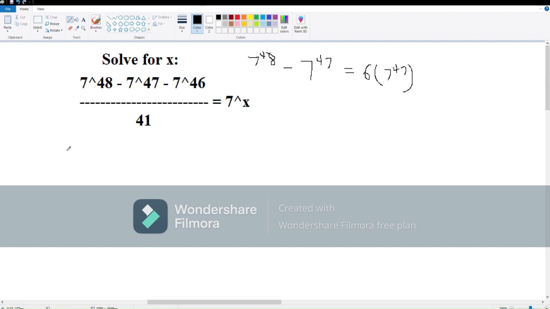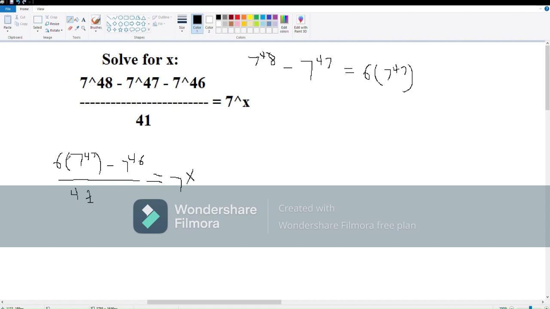So 6 times 7 to the 47th power minus 7 to the 46th power, divided by 41, is equal to 7 to the x power.